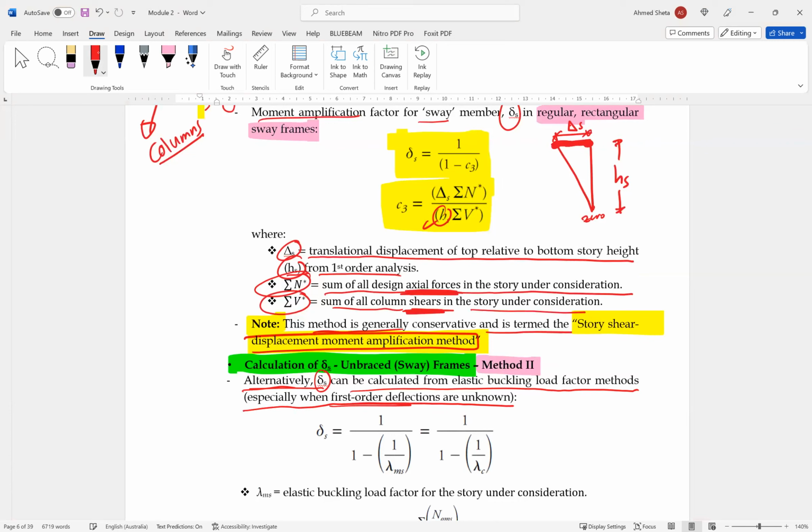So if you know the deflection from first order analysis, you can use this method number 2. If not, method number 1 is better or easier.